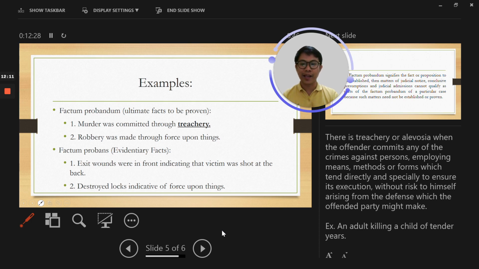So if factum probandum signifies the fact or proposition to be established, then matters of judicial notice, conclusive presumptions, and judicial admissions cannot qualify as parts of the factum probandum of a particular case because such matters need not be established or proven.